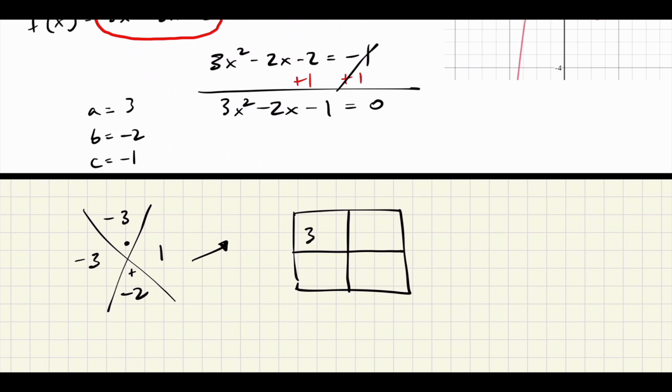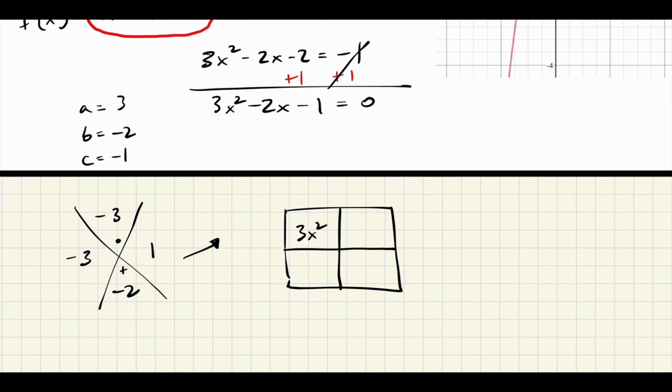So I get 3x squared minus 3x plus 1x minus 1. This is how I teach my Math 3 students. However you learned in Math 2 or Math 3, do that to factor.